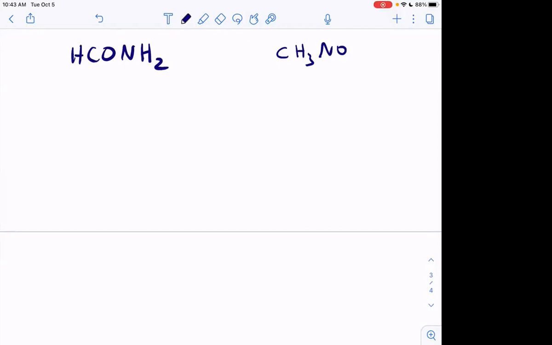Once you do Lewis structures for one central atom, you can expand it to having 2, 3, 4 central atoms and build bigger molecules.